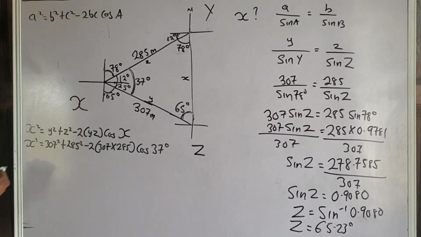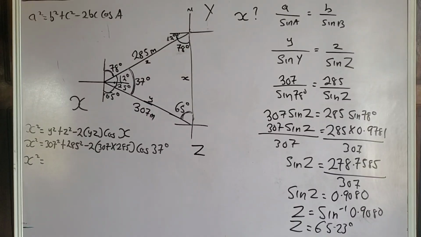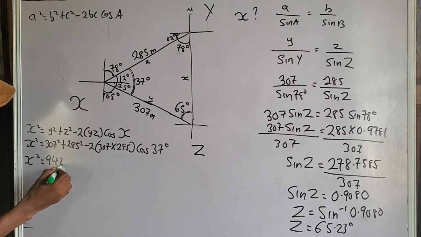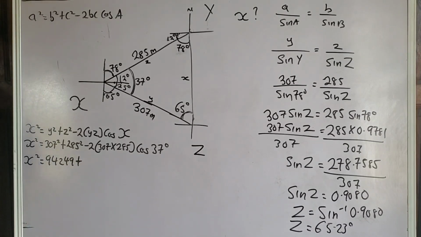So for this, I'm going to have x squared is equals to 307 squared, which is 94,249, plus 285 squared, that is 81,225.